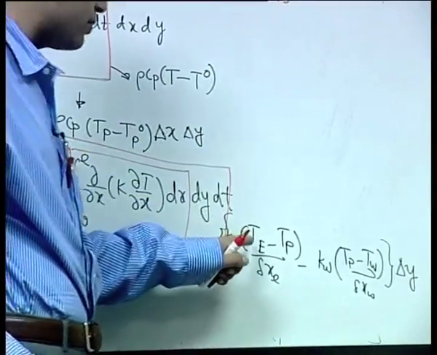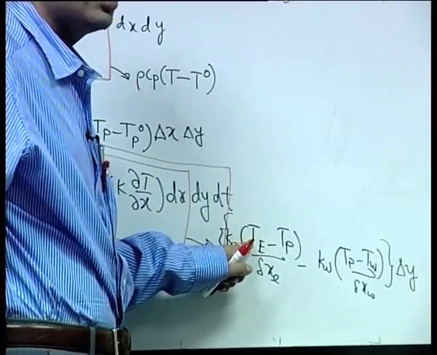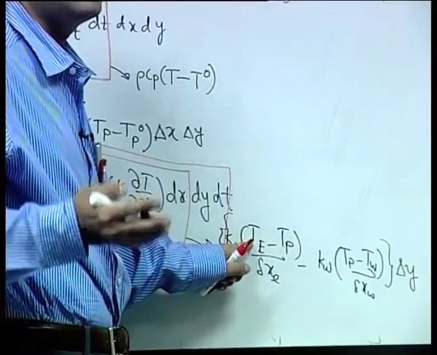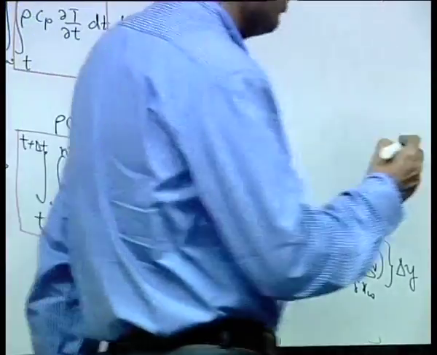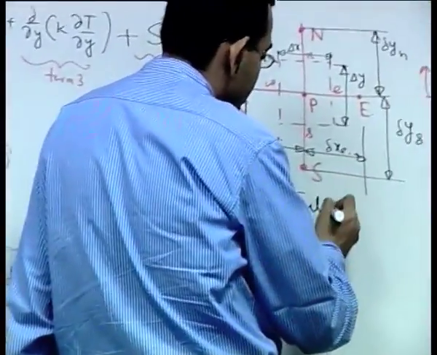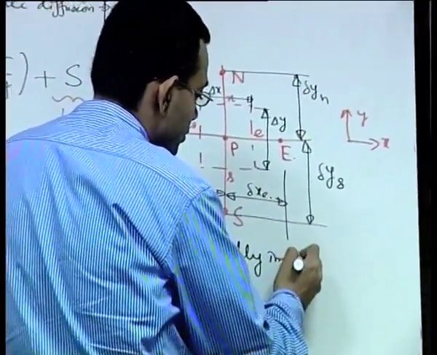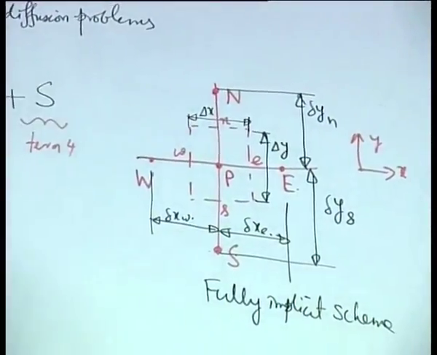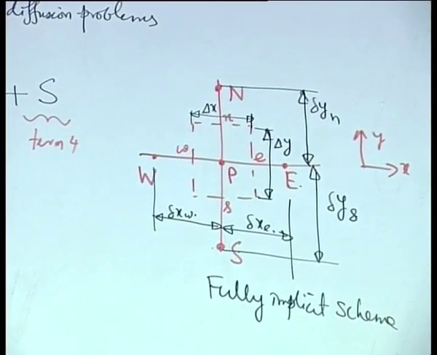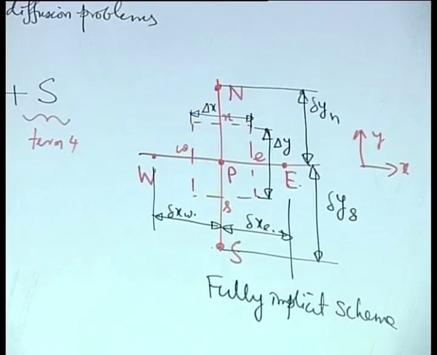So integral of T dt, it depends on what scheme you are using, explicit, implicit or Crank-Nicolson. So let us consider a fully implicit scheme. Remember, this discretization will be different if you consider any explicit scheme or Crank-Nicolson scheme like that.